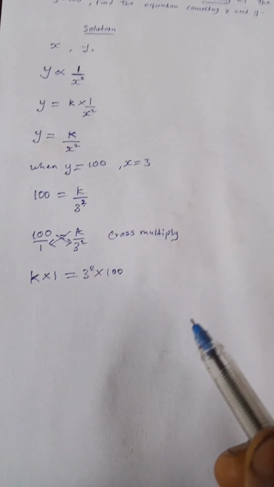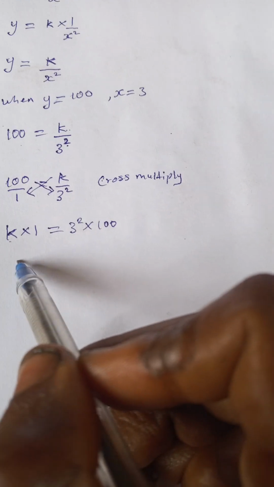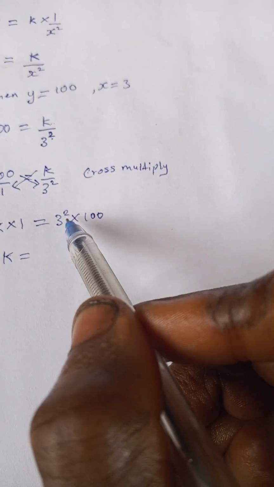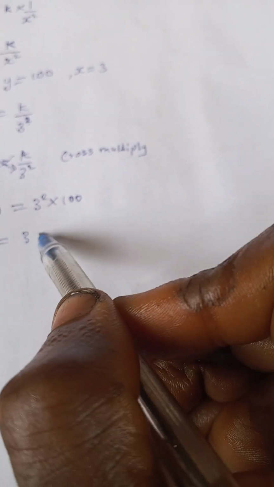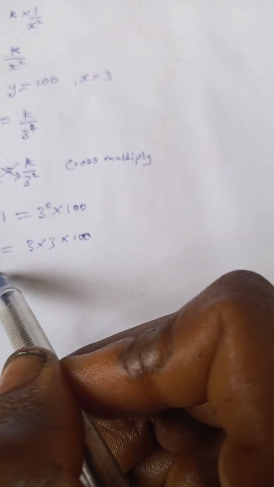Okay, k multiplied by 1, anything multiplied by 1 still remains, so our k is equal to the square root of 3 times 100, and that will give us k.